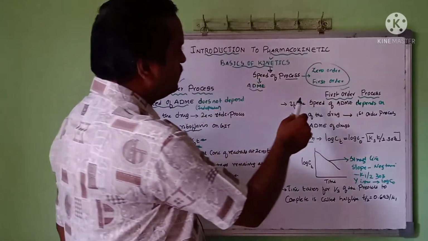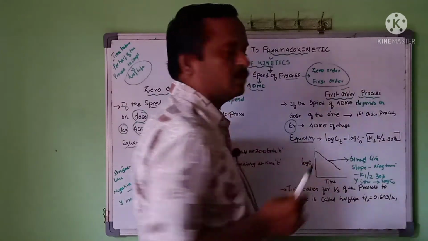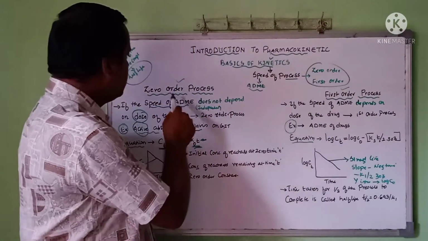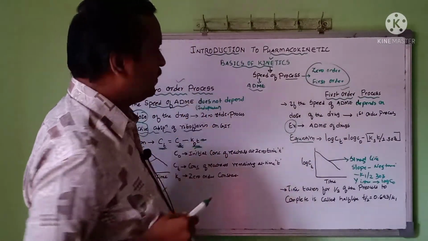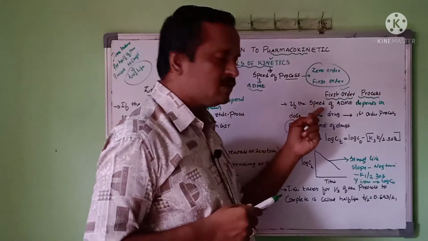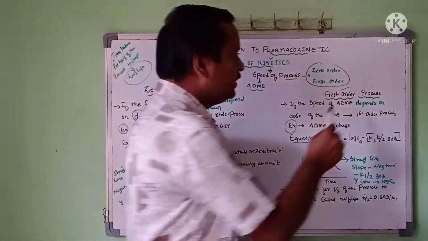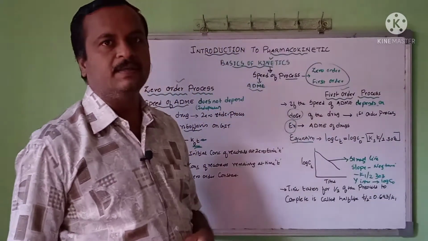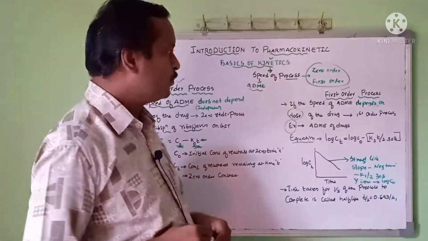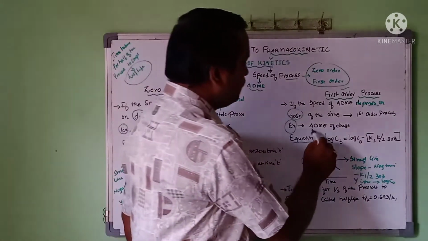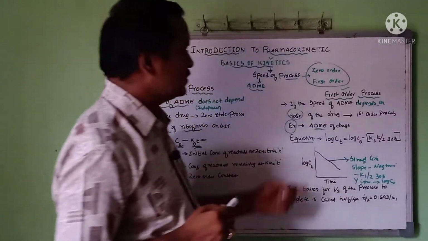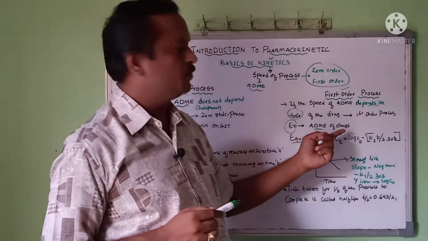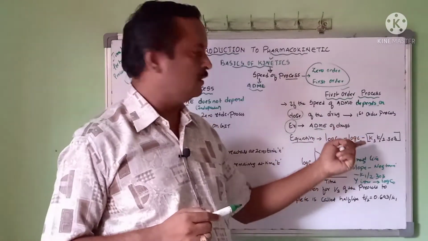So let me discuss the first order process. Zero order is concentration independent, whereas if the speed of ADME depends on the dose of the drug, that is called a first order process. Examples of first order processes are the absorption, distribution, and metabolism of the drug.